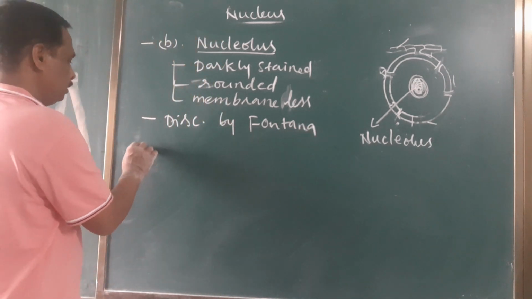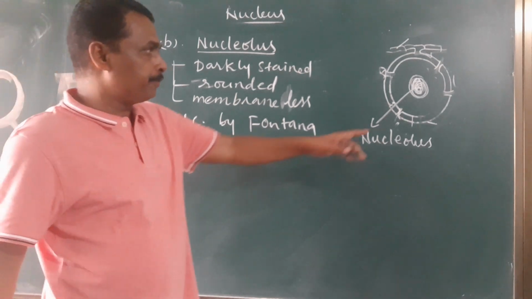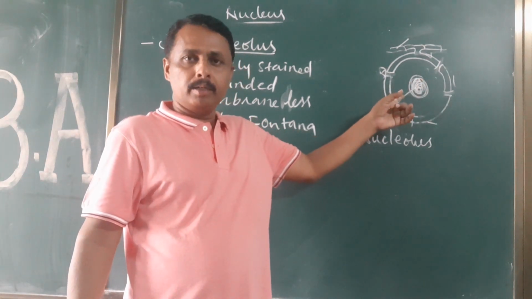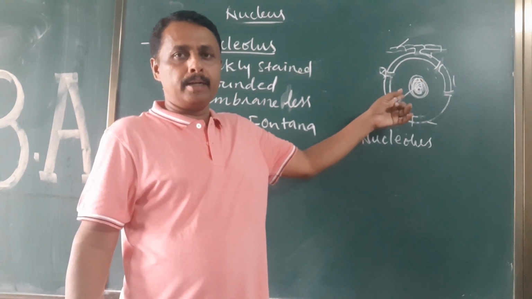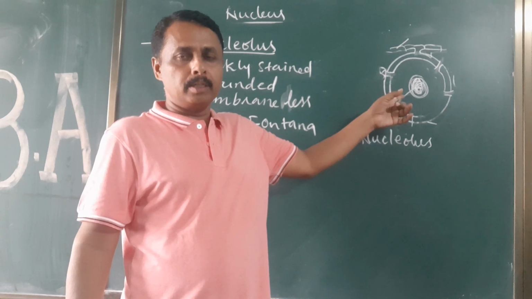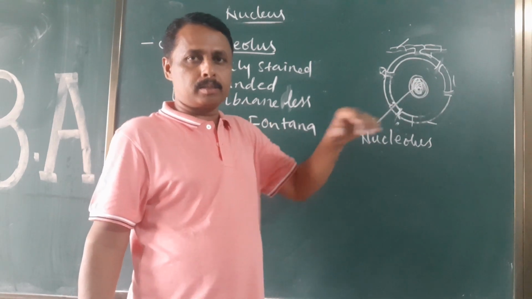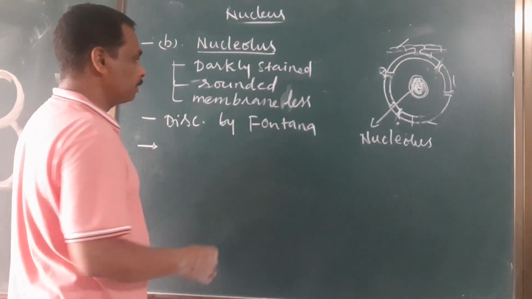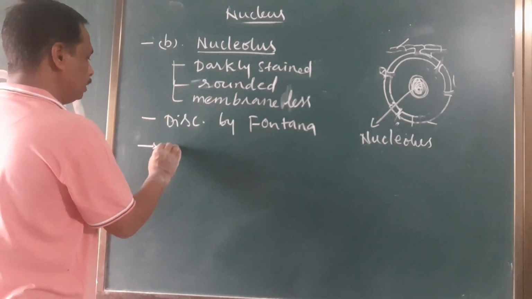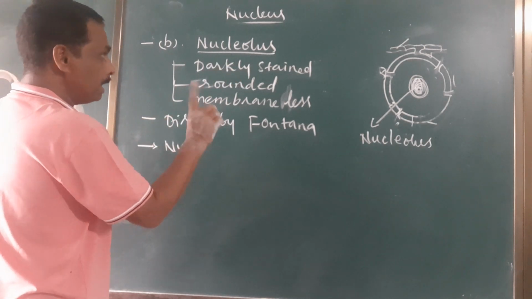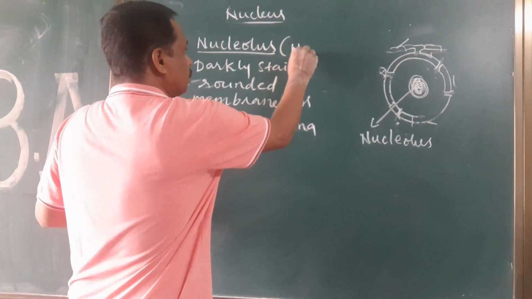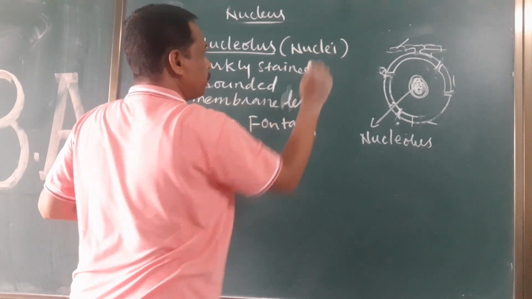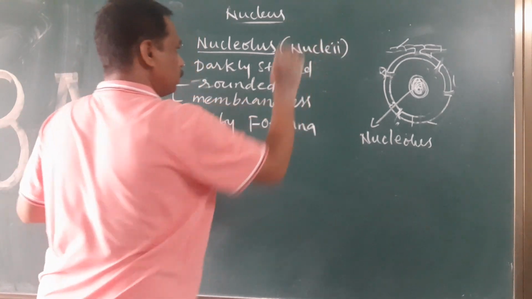The content of the nucleolus is continuous with the nuclear plasm, and the content of the nuclear plasm is continuous with the nucleolus, because it is a membraneless organelle. The singular is nucleolus, and nucleoli is the plural.